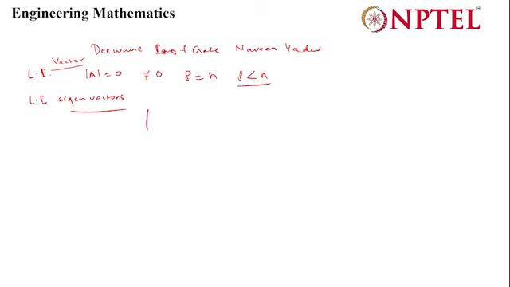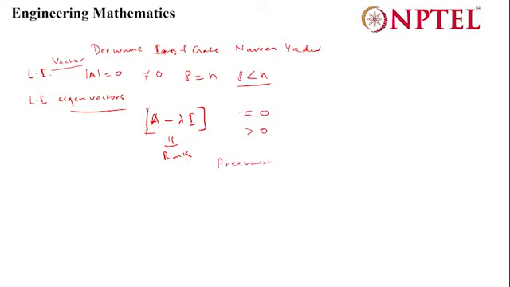For linearly independent eigenvectors, we have a different formula. Firstly, all those things you have to do for the matrix A minus lambda I. You have to calculate the rank of this. Then, if your free variables or nullity is coming 0 or greater than 0, what is the formula?